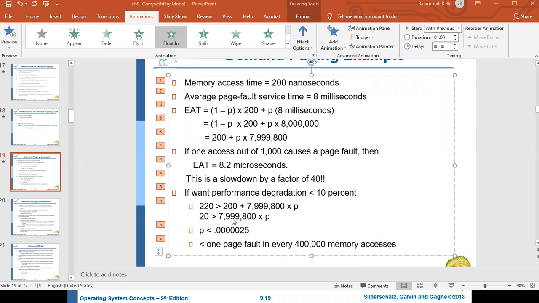Or given a value for P, for how many memory accesses one page fault can be tolerated. For example, this value can be given and you can be asked to calculate one page fault for every dash memory accesses is allowed.